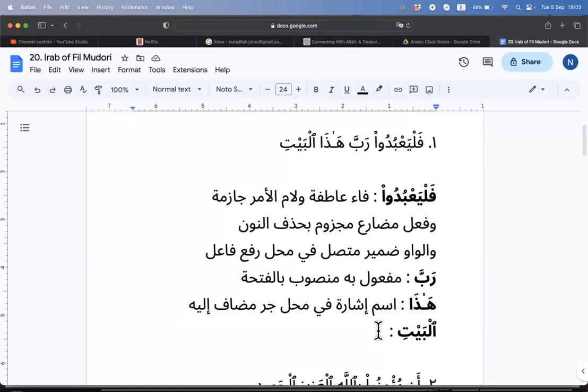When it's a fragment, do you remember what we call the second part of the fragment? We call it the thing that we are pointing to. We call it badal in Irab, badal to hadha. You might see some people also call this sifah.